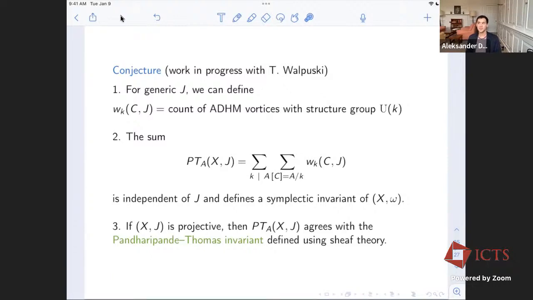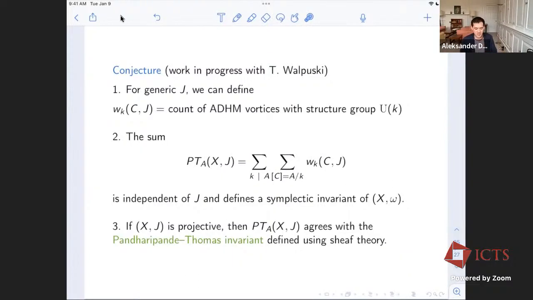So I would imagine that whatever techniques you use to compute Gromov-Witten invariants, you would be able to use here as well. I just don't think it's a very interesting setup, right? When you have these primitive curves, it's a very restrictive condition. But certainly there are some.